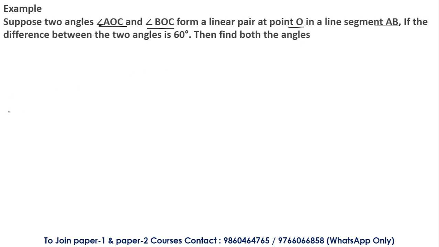Let's consider this to be a line where the line segment is AB. If we consider this one particular line, at this particular intersection, let us consider this to be C. Due to this intersection, angles are formed: this is the angle AOC and this is the angle BOC.